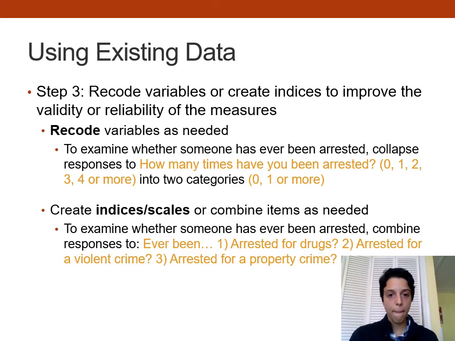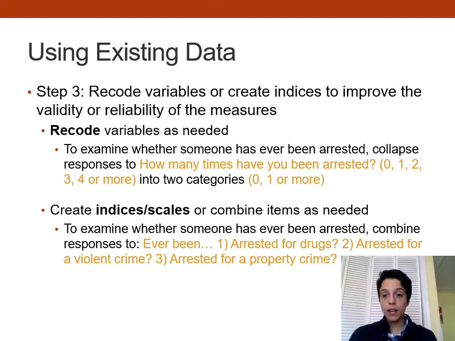So for example, if you had a survey and you were interested in arrest history, you might find a survey that asks these questions. Have you ever been arrested for drugs? Have you ever been arrested for a violent crime? Have you ever been arrested for a property crime? And if your only interest in your research study was looking at whether or not people had been arrested, you wouldn't want to use all these separate questions.